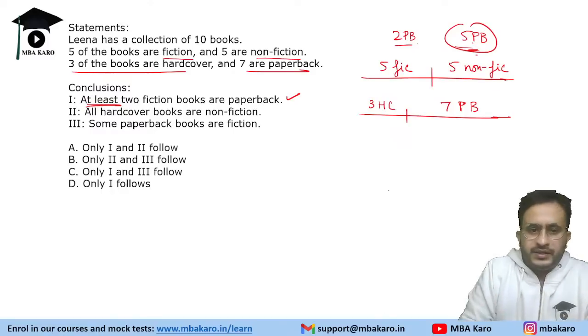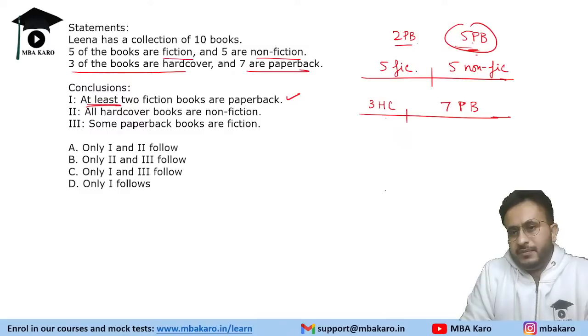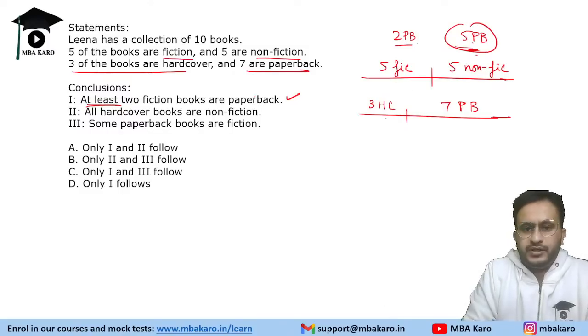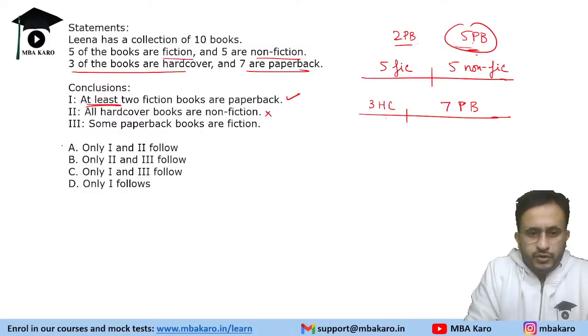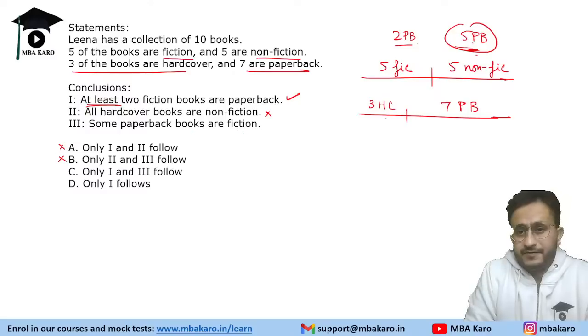Okay. Then all hardcover books are non-fiction. It may be true, may not be true, right? It can be on either side, so not necessarily true. So definitely this is not the answer, and two also does not follow. We need to check the third one also. Some paperback books are fiction.